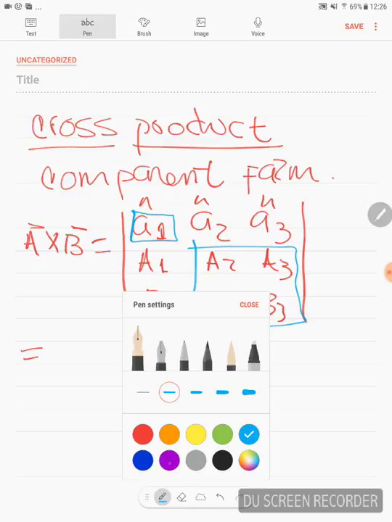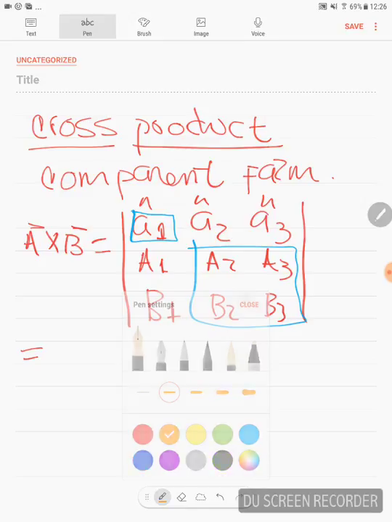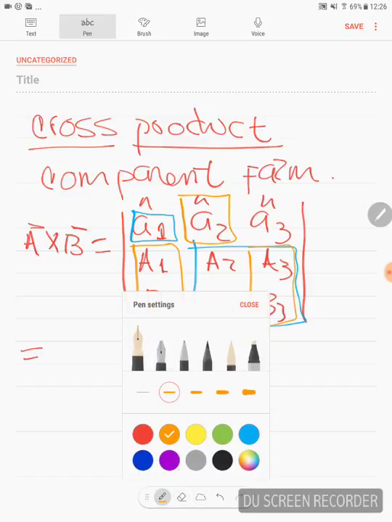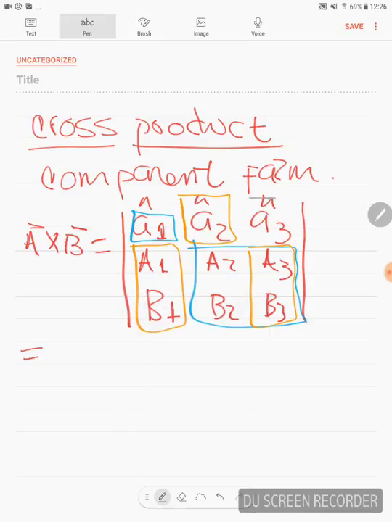Then let's do it in orange. Now you multiply this by this minor, and lastly, do it in gray. You multiply this by this minor.